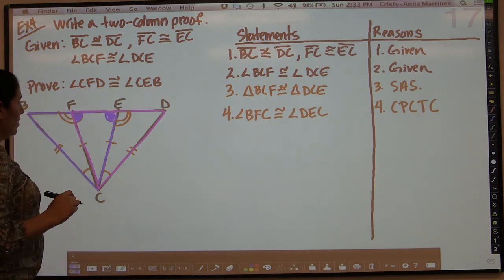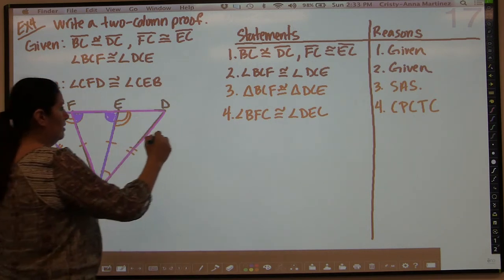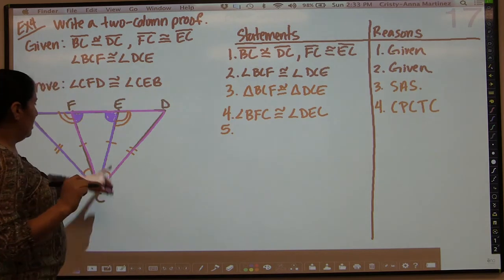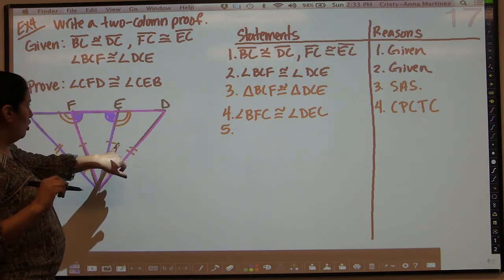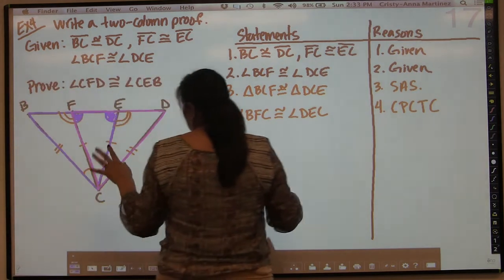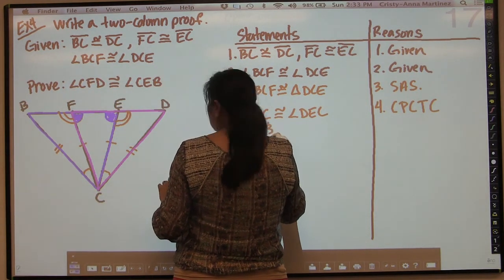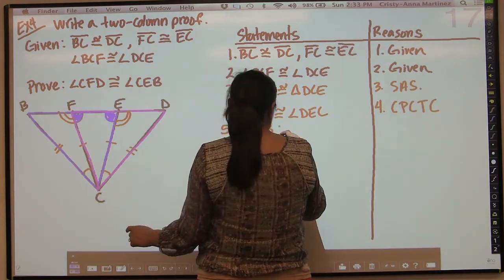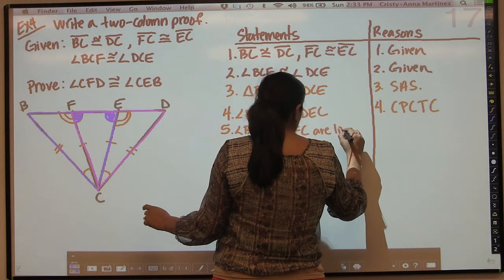Okay, our next part is to say that, I'm not sure how we want to say that, but basically that the angles, let's see here, BFC and angle DFC are a linear pair.